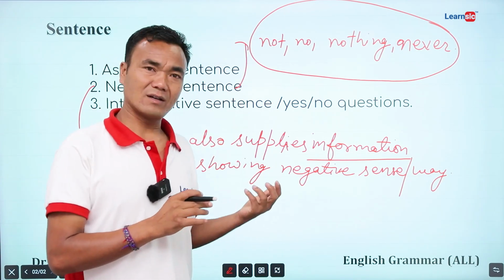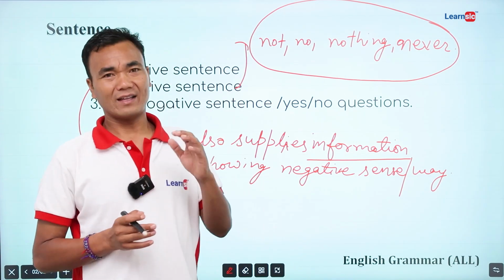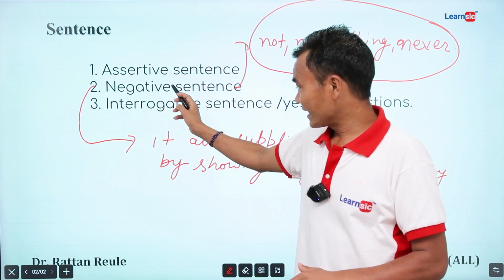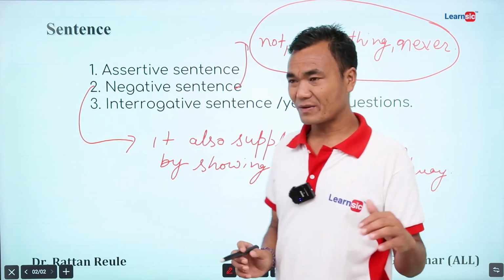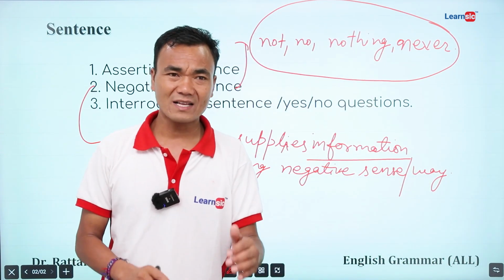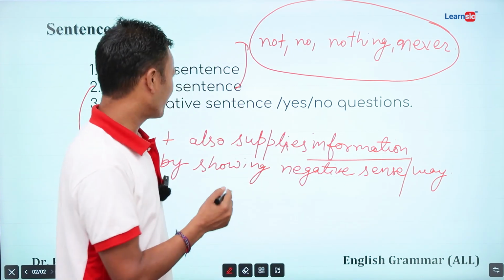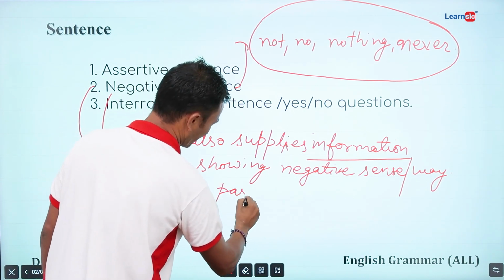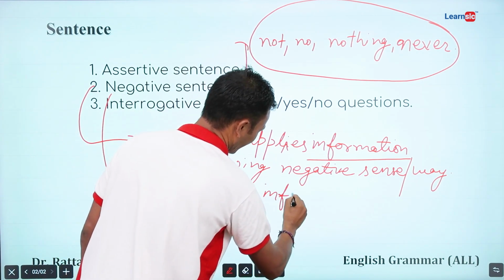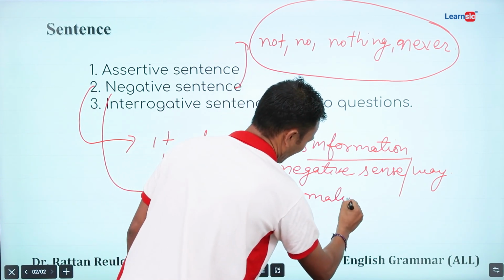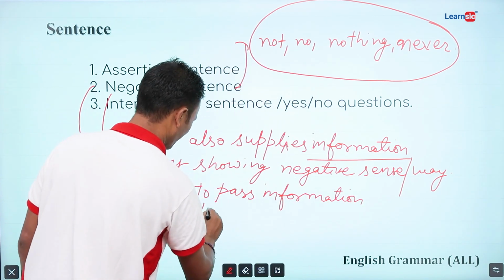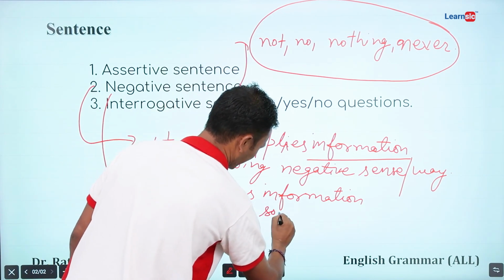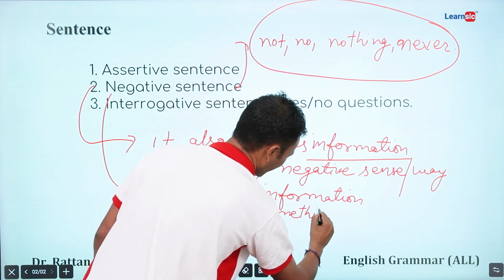The next thing we have to learn in our class is that negative sentences also supply information. So what is the function? To pass information, or to tell something, right?